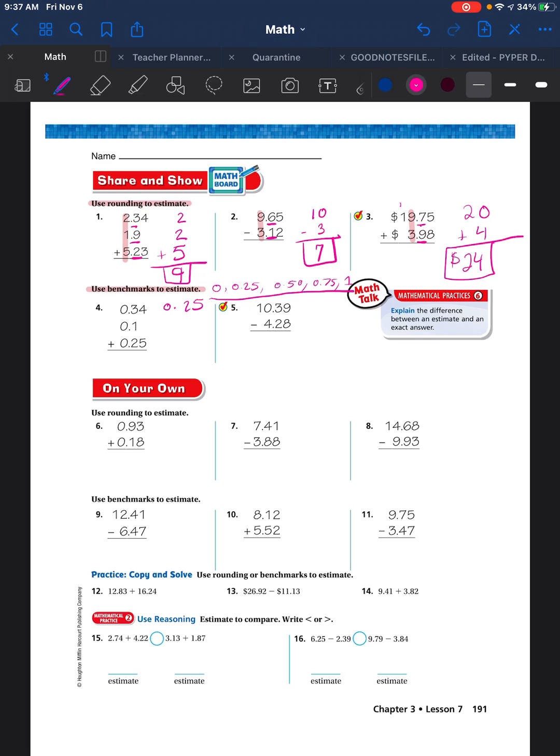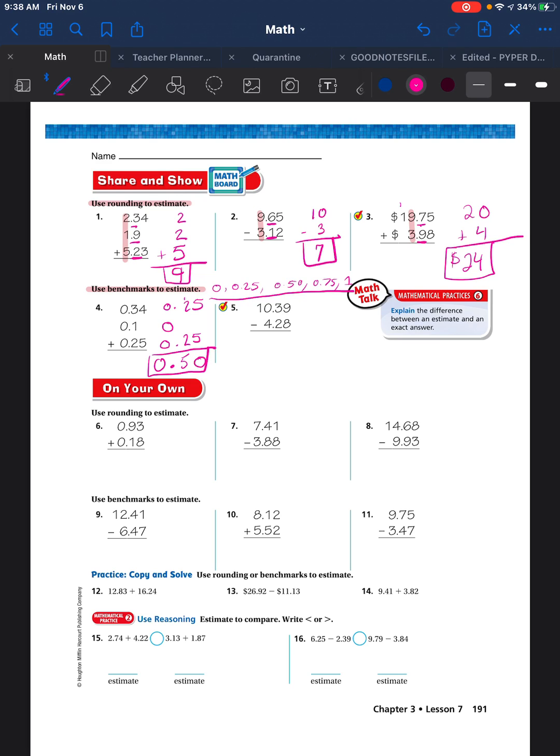Then I have 0.1, so that's going to fall between 0 and 0.25, and it is definitely closer to 0, so that is actually just going to become a 0. And the next number I have is 0.25. Well, I don't really need to estimate that because it's already a benchmark. So 5 plus 5 is 10, 2 plus 2 is 4, plus 1 is 5. And you just bring that decimal right down.